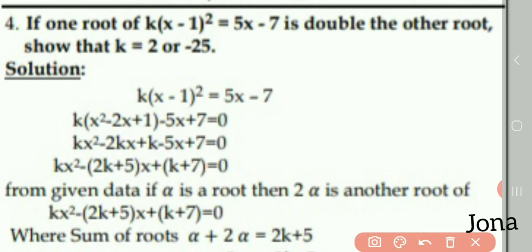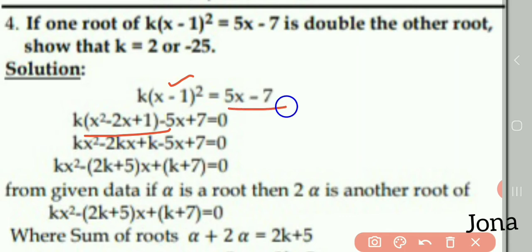So take down this equation, k into x minus 1 the whole square equal to 5x minus 7. So we can expand this bracket x minus 1 the whole square using the formula a minus b the whole square. So I got k into x square minus 2x plus 1 here.